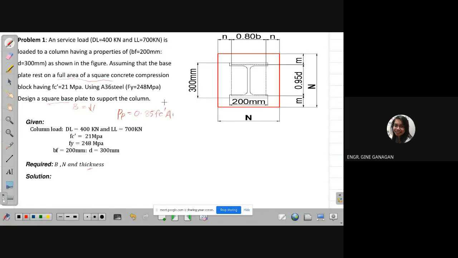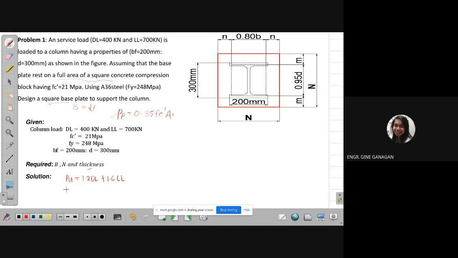Diba? Yan yung ating equation. So ano yung unang kukunin natin? Of course, yung nominal strength natin, i-compare natin siya sa ultimate or the service load. So yung unang-unang gagawin natin is to solve for our value of ultimate load. That is equal to 1.2 dead load plus 1.6 live.